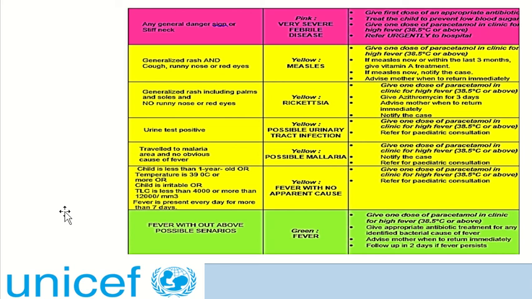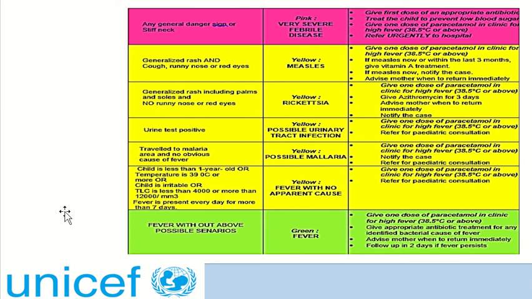If the child is classified as rickettsia, we give 1 dose of paracetamol in the clinic for high fever, and we give azithromycin for 3 days. Advise the mother when to return immediately and notify the case to NCDC.